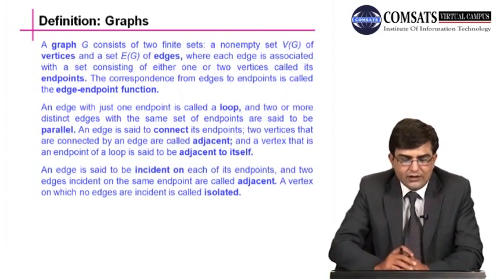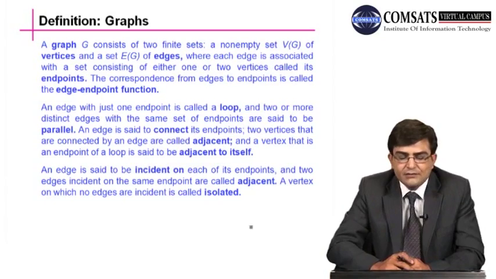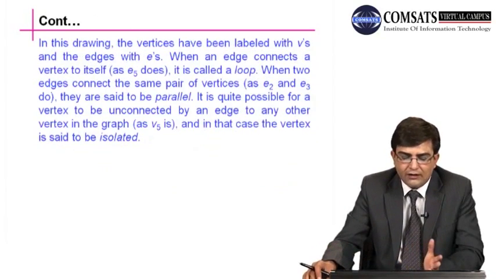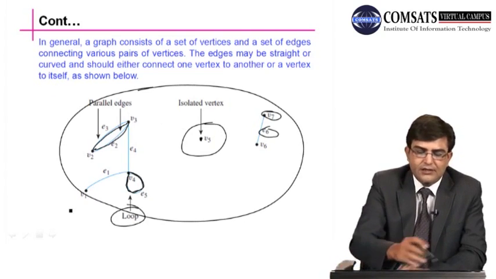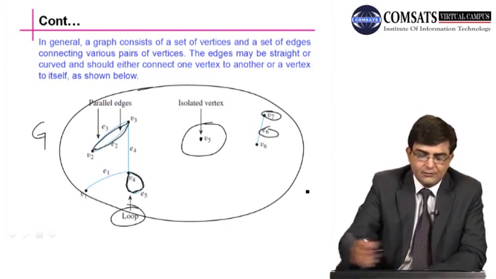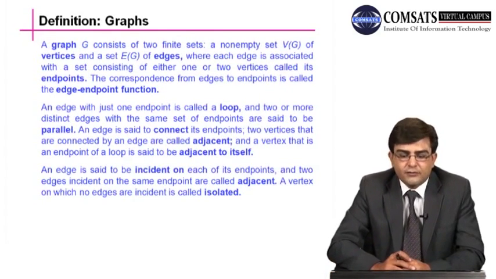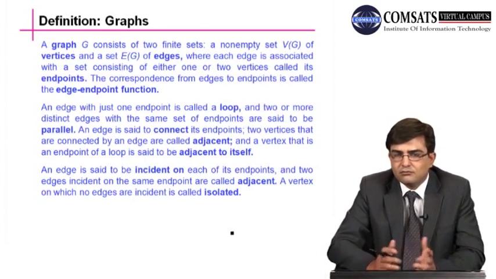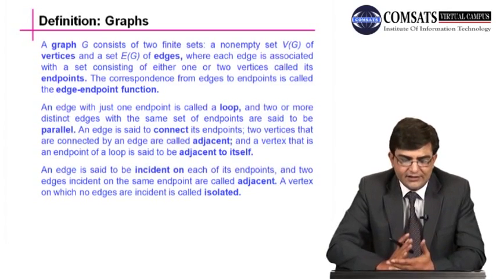Now what is the formal definition of a graph? If this is the whole graph of some information, then this whole graph is usually called G. So a graph G consists of two finite sets, one of vertices and one of edges.